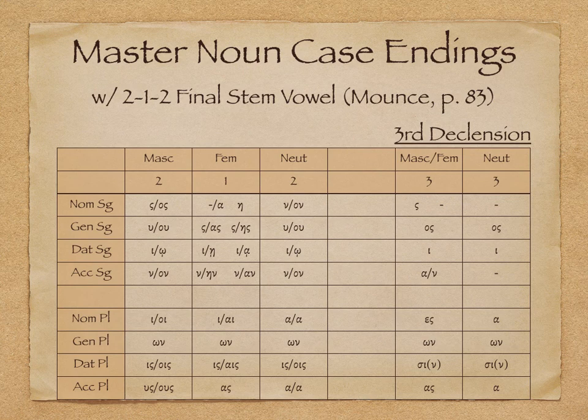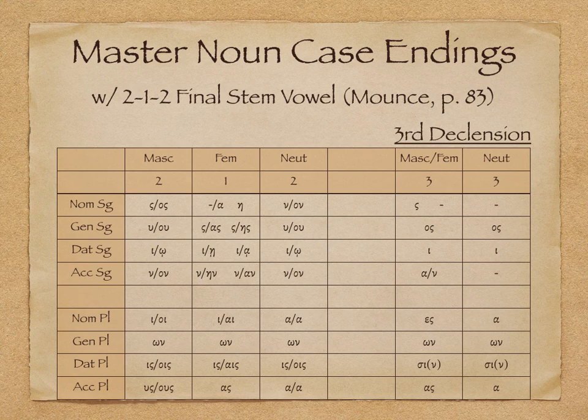What I want you to notice is that on the left side of the slash for the masculine second declension, that's the second column over, masculine with a 2 below it, and then go to the masculine feminine third declension as a 3 beneath it. Notice how similar the endings are, not including the final stem vowel, but just the ending itself.